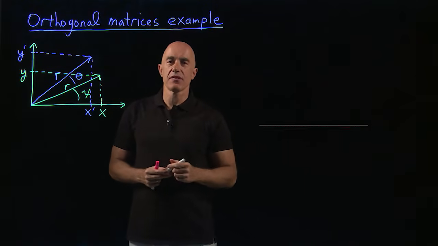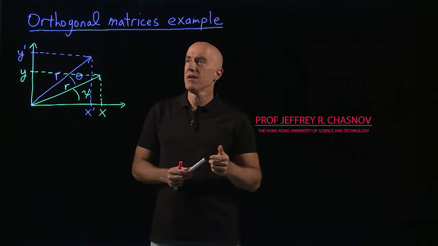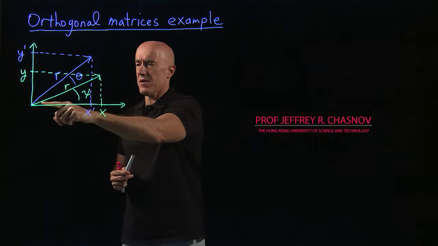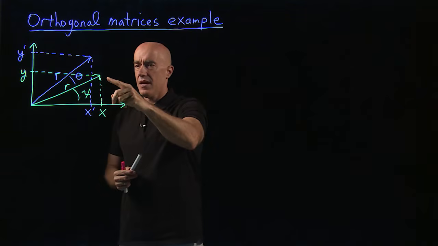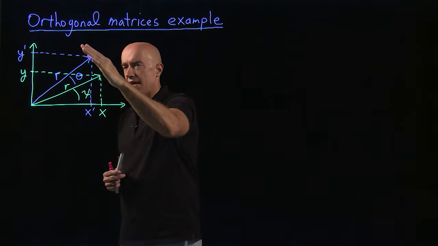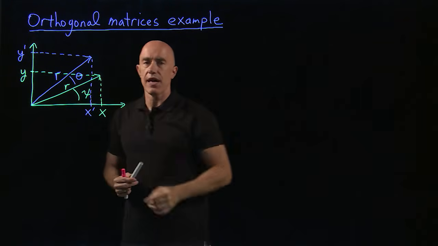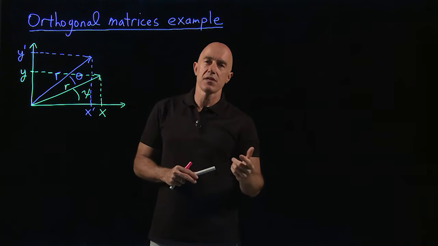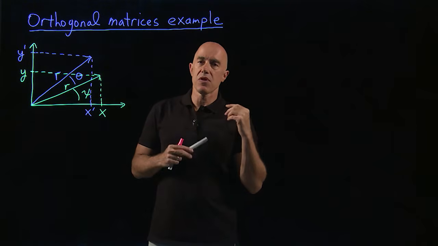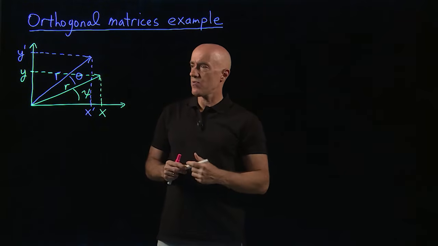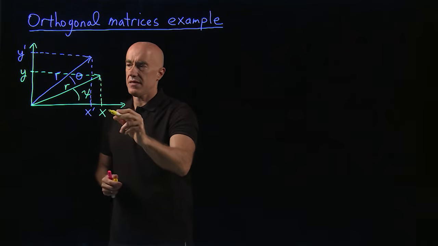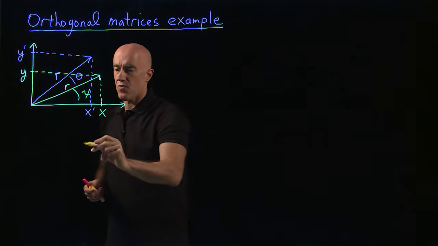So in this video, let me give you a nice example of an orthogonal matrix. If we have some vector here, and we want to rotate this vector through an angle theta, this rotation of a vector through an angle can be done by an orthogonal matrix. So what we're trying to do here is that we have this original vector with coordinates x, y.